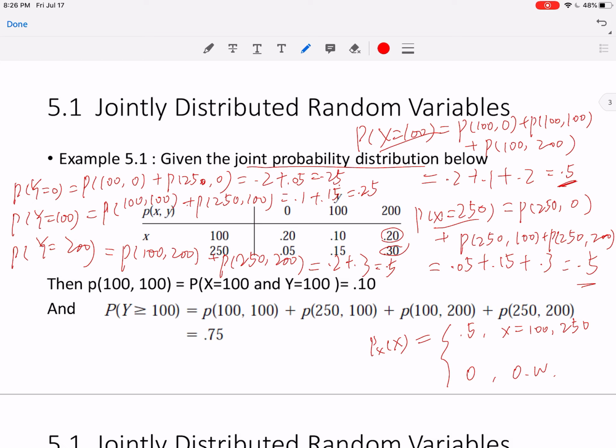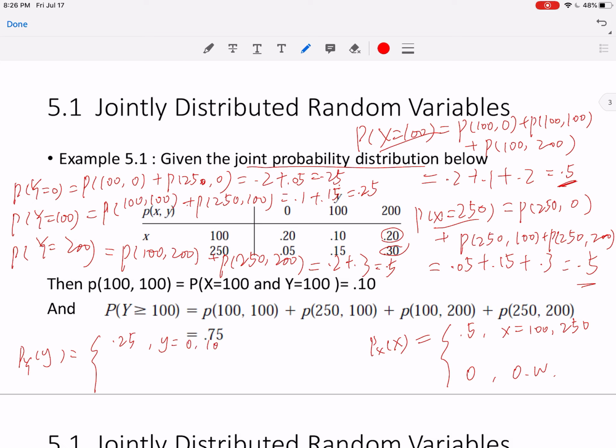Now we get the probability of each possible value of y. We can just write down the marginal PMF of y, okay? P sub y of y is equal to 0.25 for y equal to 0 and 100, so we can just put them together.